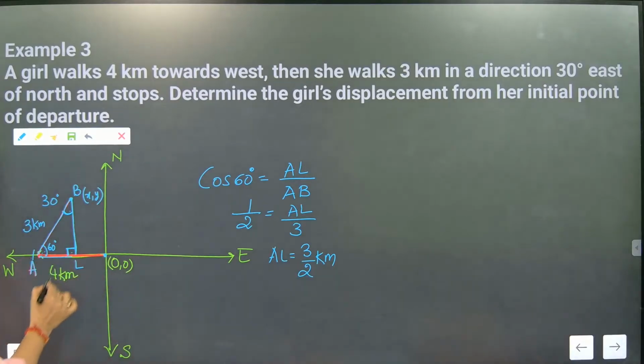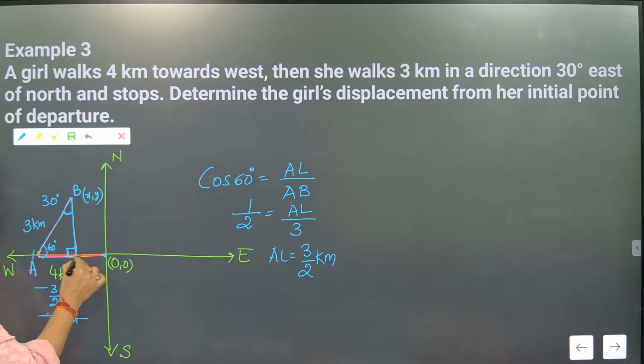So this AL is how much, beta? 3 by 2 kilometers, that means 1.5 kilometers.